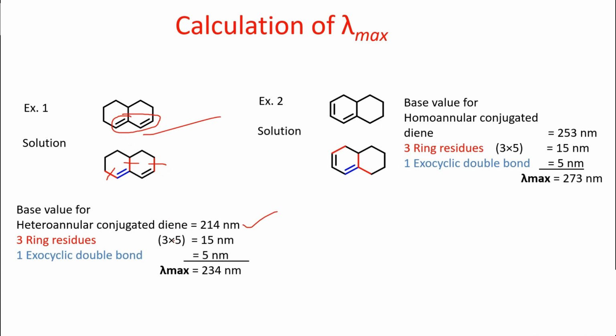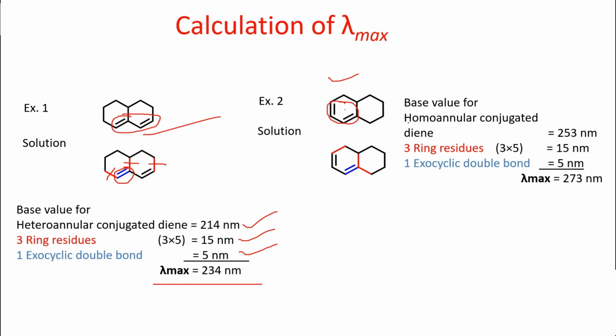We have to add 3 multiplied by 5, 15 nanometer, and one exocyclic double bond. So we have to add 5 nanometer. So the overall lambda max of the molecule is 234 nanometer.